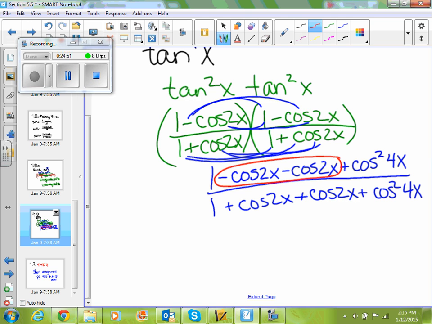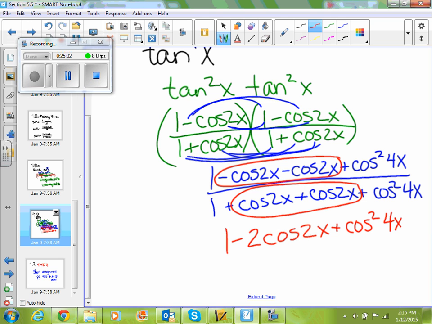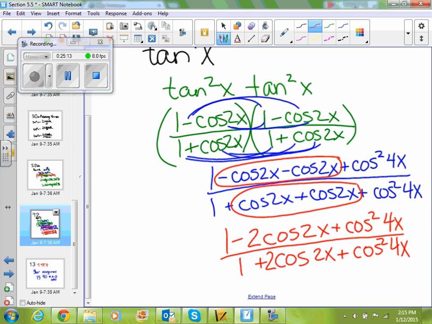If we combine like terms on the top and the bottom, we end up with 1 minus 2 cosine of 2x plus cosine squared of 4x over 1 plus 2 cosine of 2x plus cosine squared of 4x. And then you're done with that one.